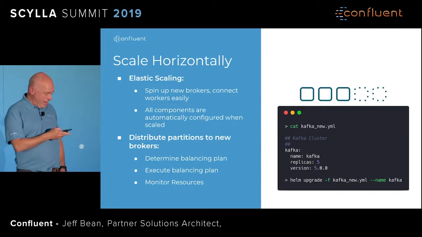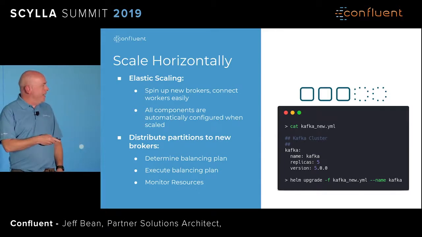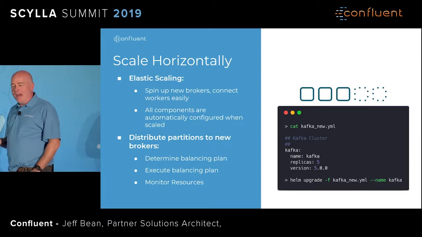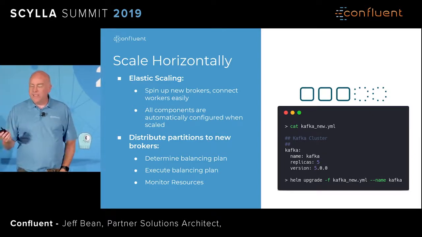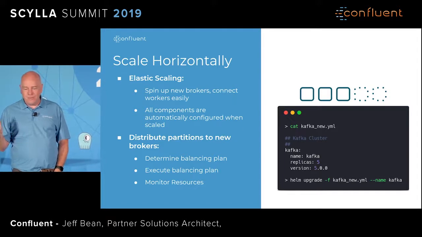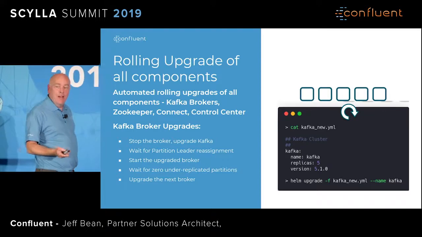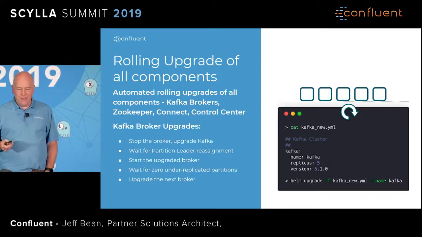So here's a YAML file that adds 2 nodes to the cluster that I was just in. So I can use my Helm command to upgrade my cluster by adding 2 nodes. That will spin up 2 new brokers, rebalance, and execute that balancing plan and monitor it going forward. I can also do a rolling upgrade in the same way. So if I'm on 5.0, I want to upgrade to 5.1, new YAML file, upgrade to that, no problem.